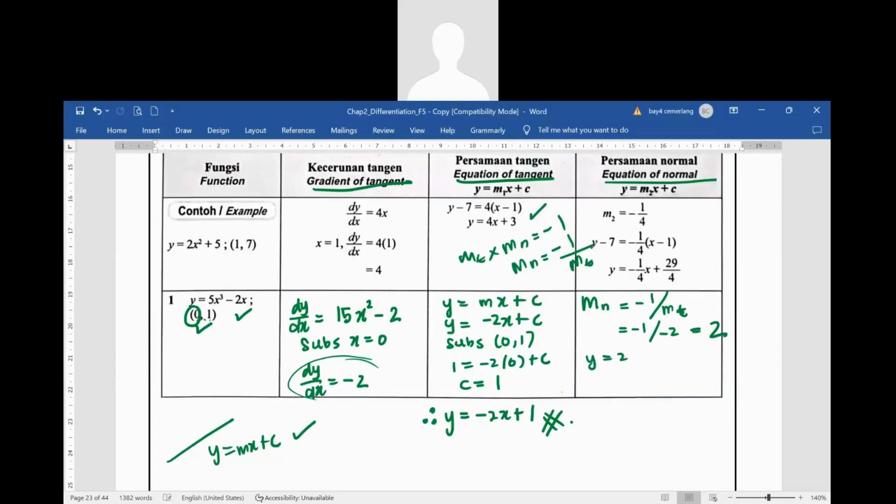So y = 2x + c. Sorry, it is 1 over 2, not -2: -1 over -2 gives positive 1 over 2. Then again substitute the same point, x = 0 and y = 1, so c equals 1. Therefore y = 1/2 x + 1.